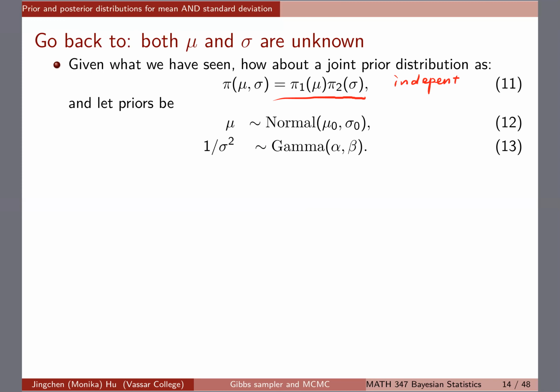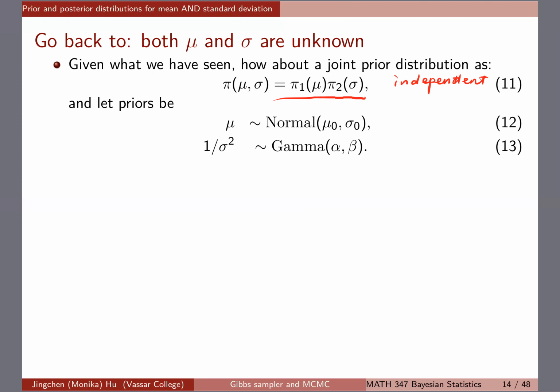There are other ways you can give priors, dependent ones. But to start simple, let's think about the simplest case. So you assume they're independent. So we're going to work with pi 1 and pi 2 separately. And what I'm proposing here, as you can see in equation 12 and 13, you might find this pretty familiar. This is what we used to do when one of them is fixed and the other one is random, right?